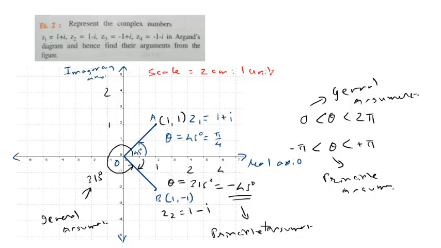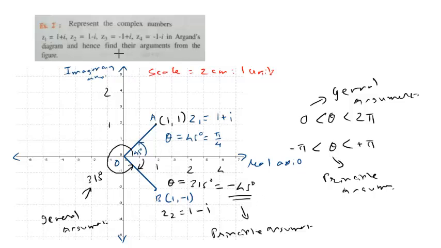One is the general form, and in the general form the argument will be 315 degree, and its principal argument will be minus 45 degree. We can represent it in the corresponding radian form.